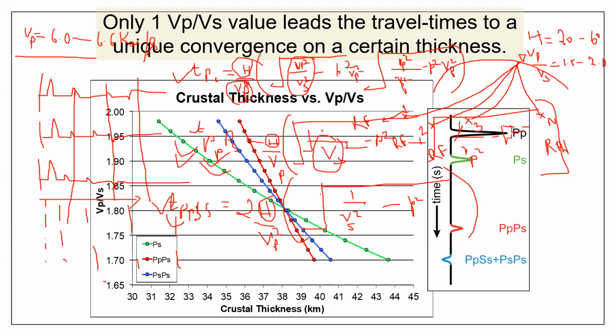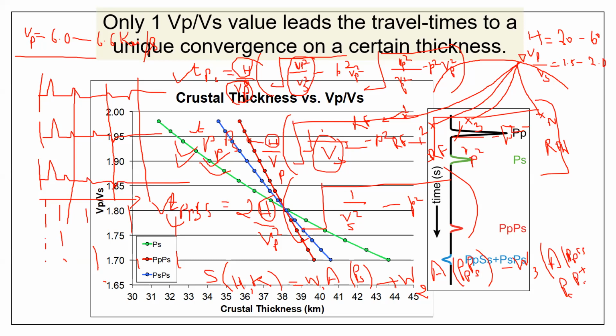Then you will apply a formula, that is S(H, kappa) is equal to W1 times the amplitude of the PS converted phase, plus W2 times the amplitude of the PPPS phase, minus W3 times the amplitude of the PPSS or PSPS phase. So for the first combination of H and Vp by Vs, or kappa, you can calculate this S value.